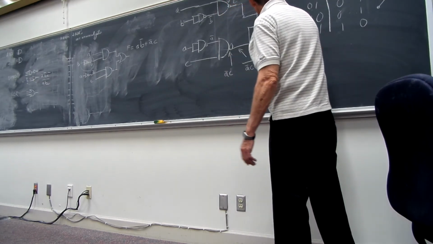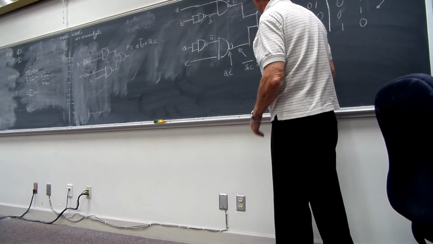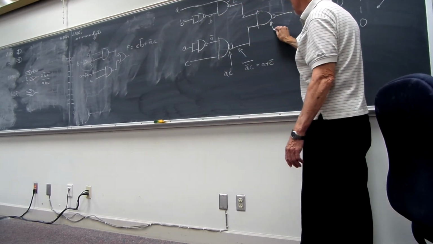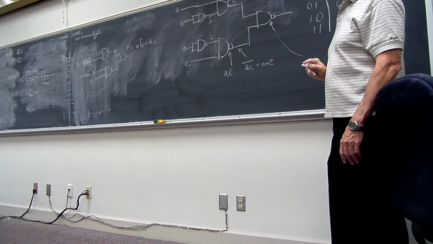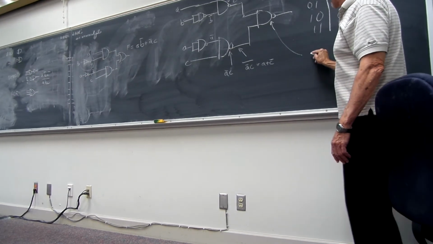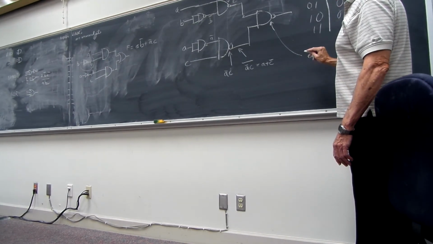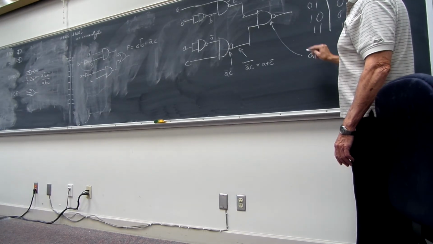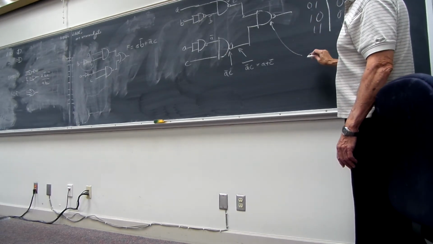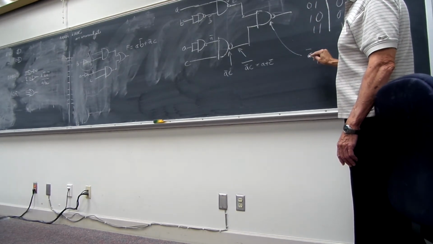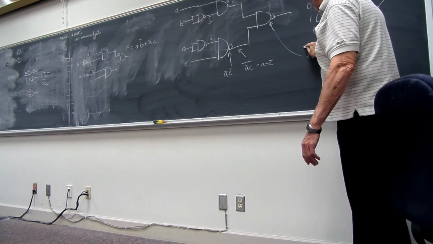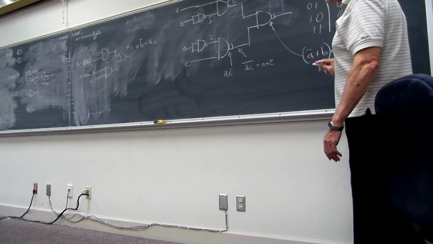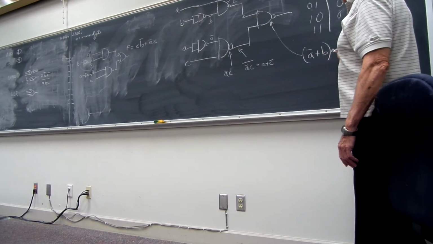So now, what do I have right here? A or C bar. Well, let's start at the top. A bar or B, correct? I've got this variable ANDed with A or C bar.